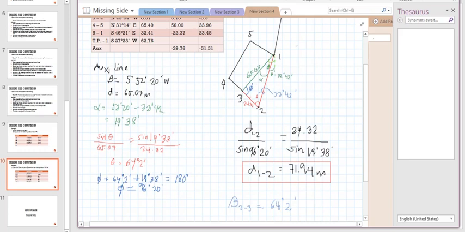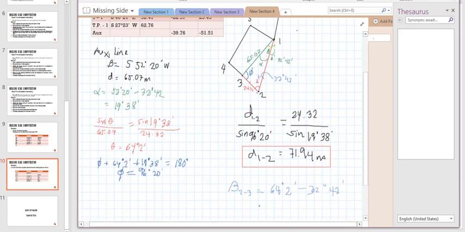This angle is the same as this angle by trigonometric functions. So the bearing of 2 to 3 is equal to 64.2 minus 32.42, that is 31 degrees 20 minutes.